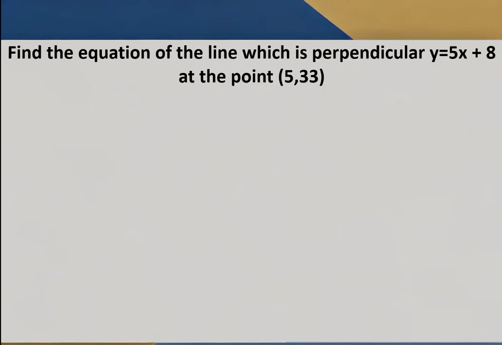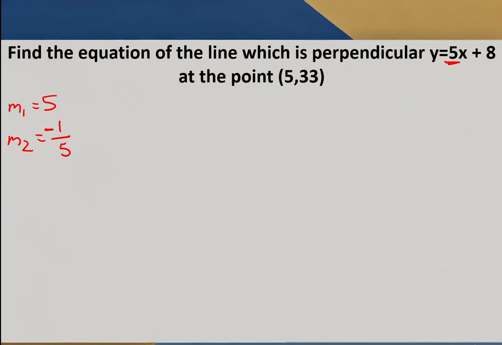Next question. Find the equation of the line which is perpendicular to y equals 5x plus 8 at the point (5, 33). So same thing, perpendicular, I'll underline this. If that gradient is 5, then my second gradient for a perpendicular line, I must flip it. So I flip 5 and it becomes 1 over 5. And then that was positive, so this must be negative.